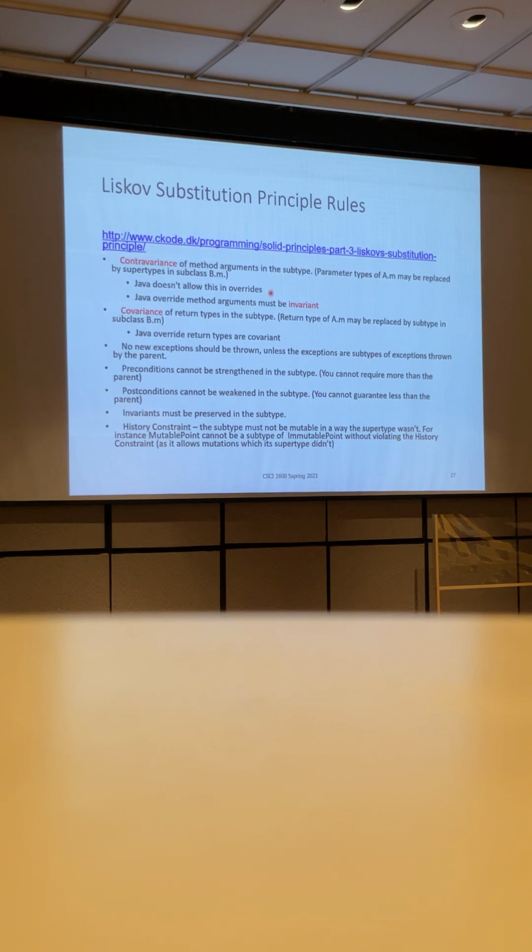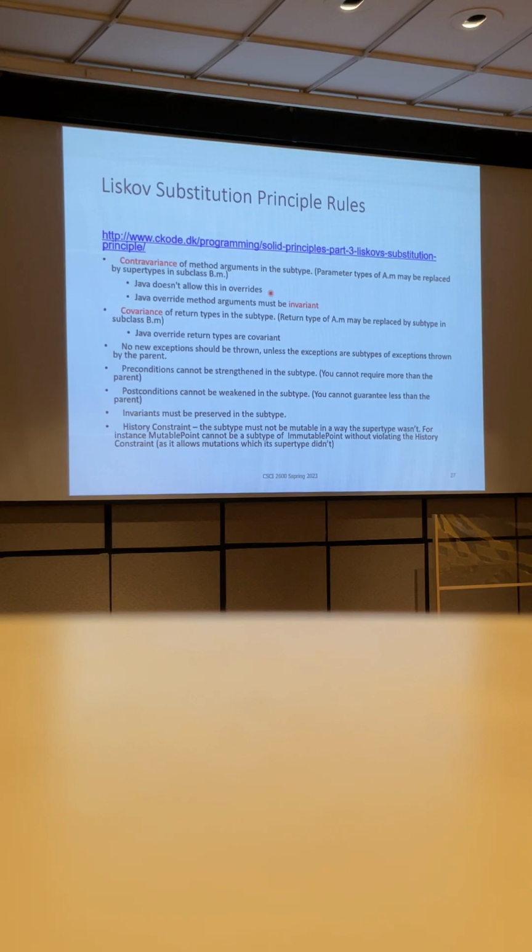Actually, there are some languages, very few, that allow contravariance in overrides, just not Java. In Java, when we do an override, parameters have to be the same. In languages that allow contravariance, when we are overriding, we can replace parameters with their supertypes.